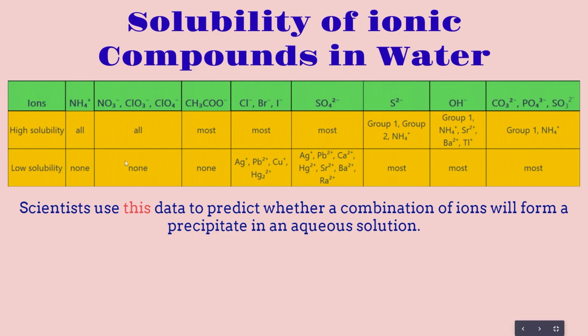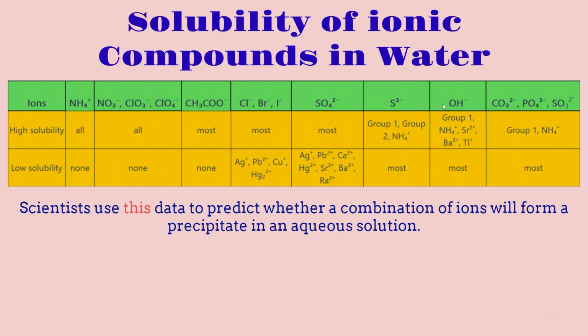Now if we skip to an example such as hydroxide, the OH-, we can see that most of the things that are combined with hydroxide have a low solubility, which means they're most likely going to create a precipitate. However, if hydroxide combines with group 1 metals or ammonium or strontium or barium and so on, then it's going to have a high solubility.